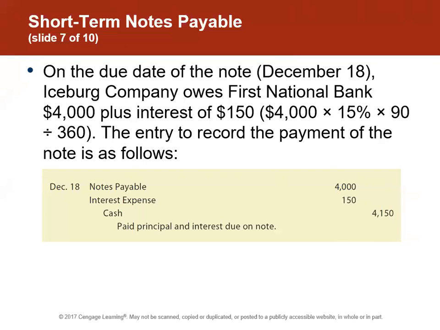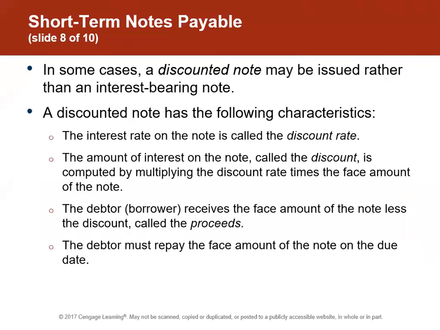It's just the typical payment of a note or maturity of a note. Remember, this is the maturity date, December 18th, and the maturity value is the cash value we're paying. So just to recap on the terminology, that's one way of doing notes.